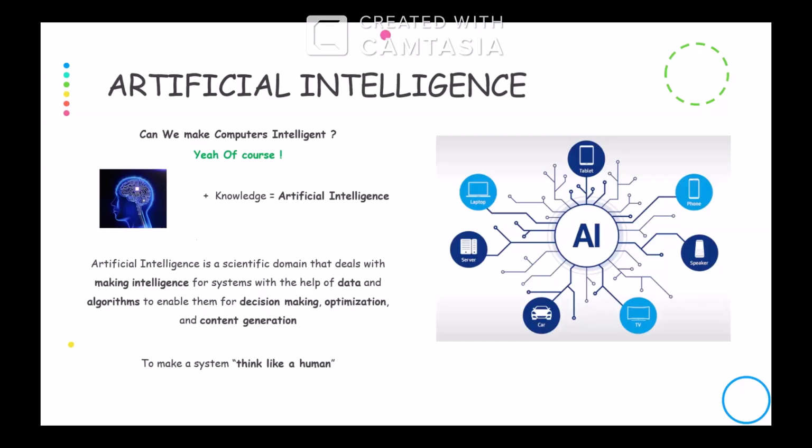So these are all the needs for making a computing device intelligent, right? And finally, we can conclude this part by giving a tag: we are trying to make a system think like a human by introducing artificial intelligence, right?